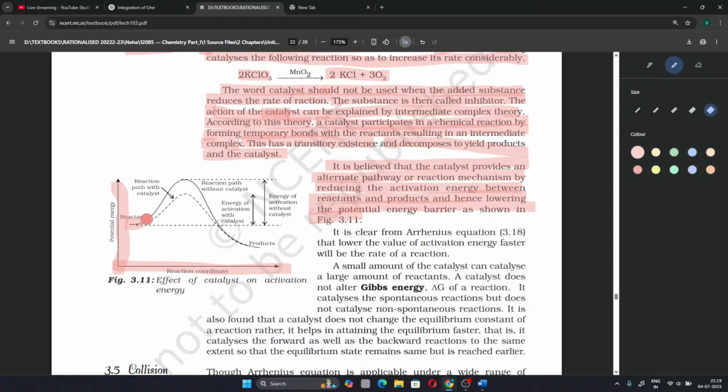It is gaining potential energy, and this is the potential energy it gains without a catalyst. This is the activation energy they gave here, the activation energy without catalyst.